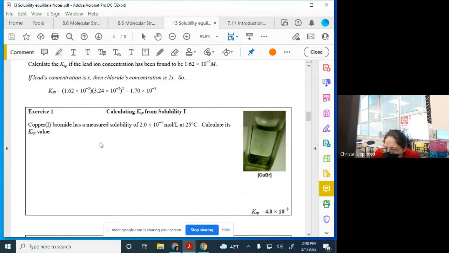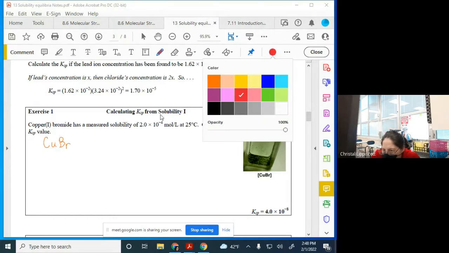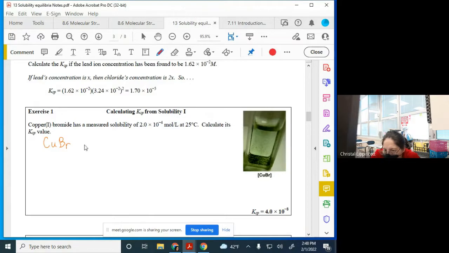Okay, so when we're looking at this, we've got copper bromide, copper 1 bromide. So that is the formula for that. And this is a solid. It's going to break down into copper plus 1 plus Br minus, some of it, okay? So they want us to calculate the KSP value given that the solubility is this.